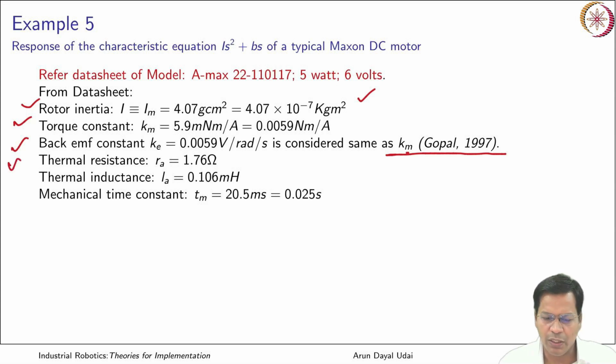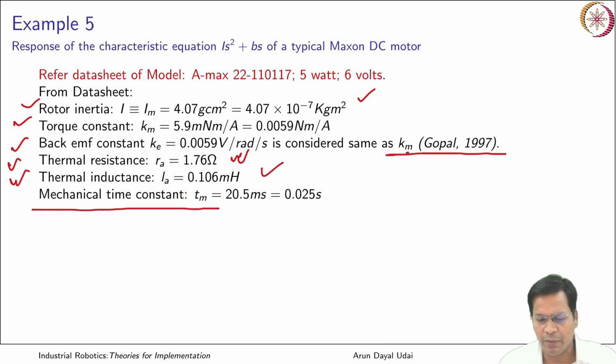And Ra, if it is not given, you can take some standard value. Inductance is here. Mechanical time constant Tm is here. This is the mechanical time constant, which was 20.5 millisecond.